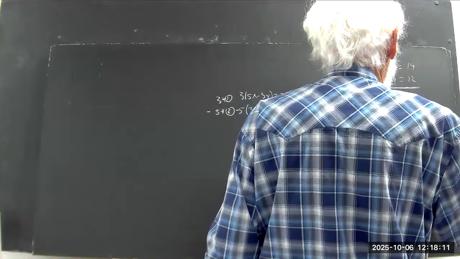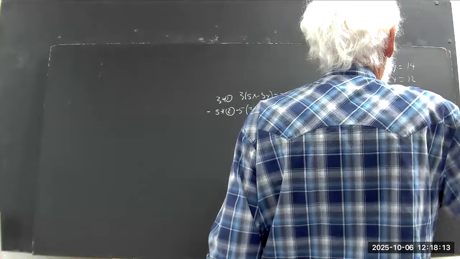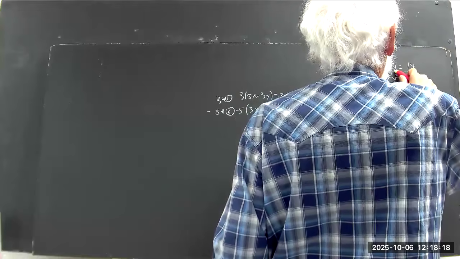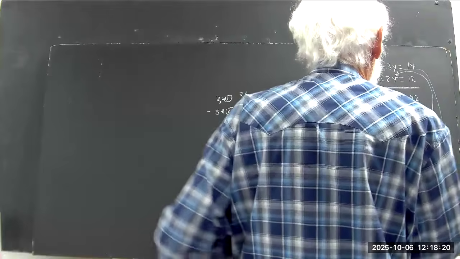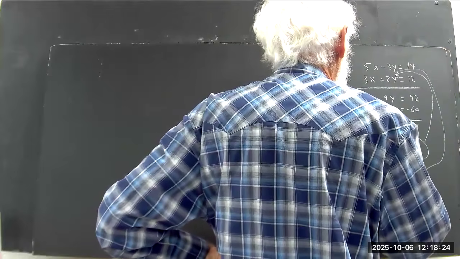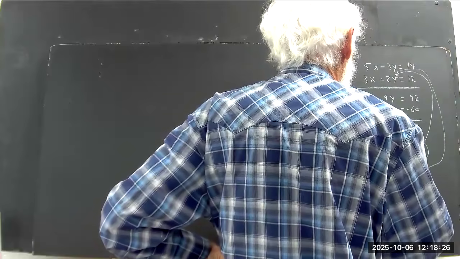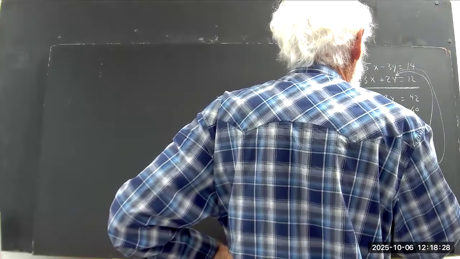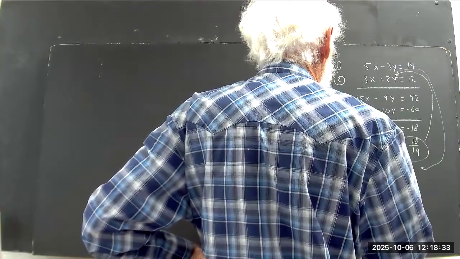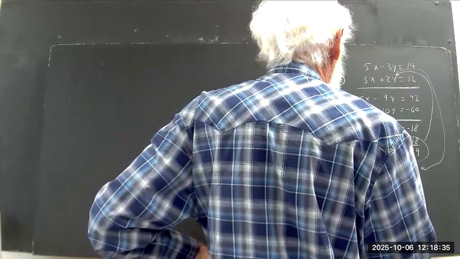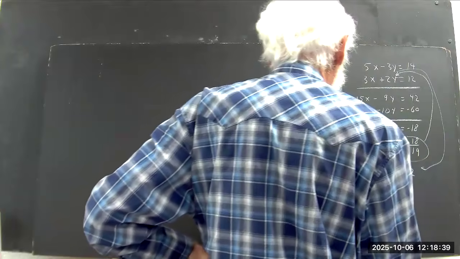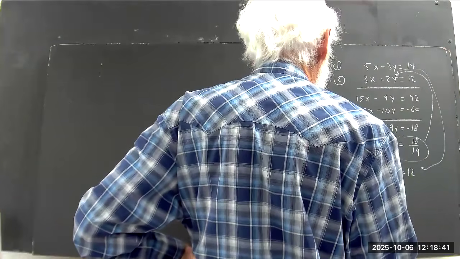I can plug this back in, and I'm going to plug it into the second equation because it's got an easier multiplier. And the equation that comes out of that is 3x plus 2 times 18 over 19 equals 12. So that's 3x plus 36 over 19 equals 12. I multiply both sides by 19.